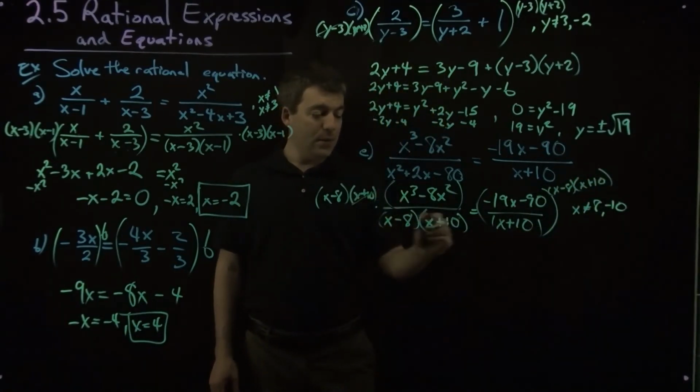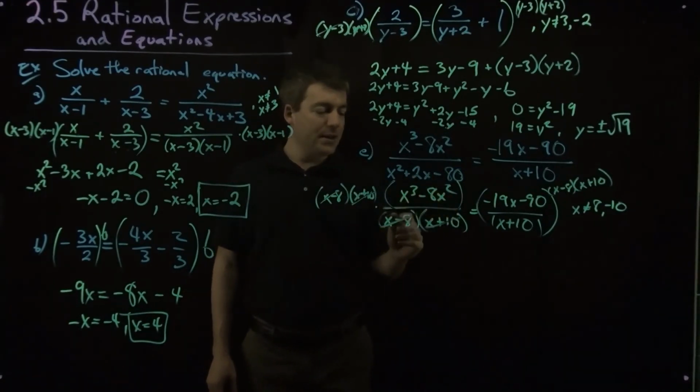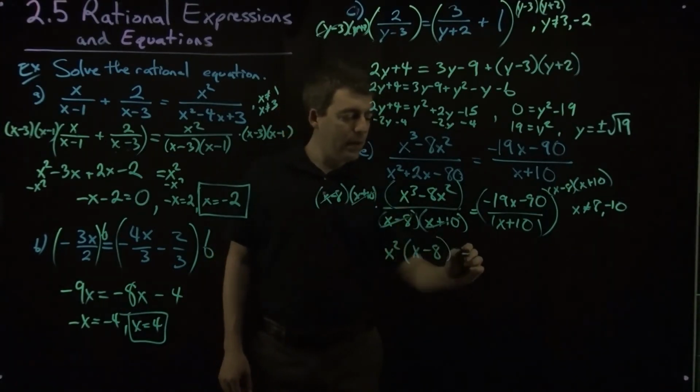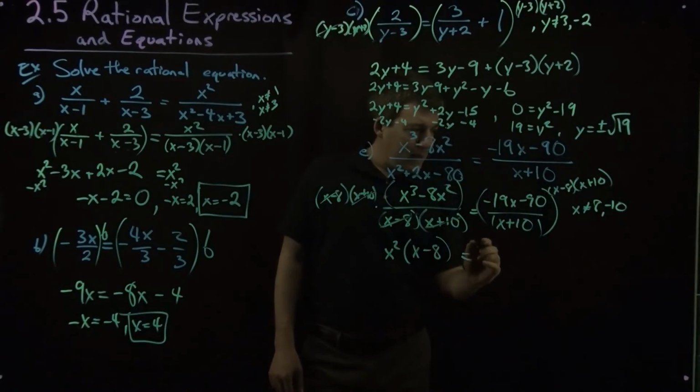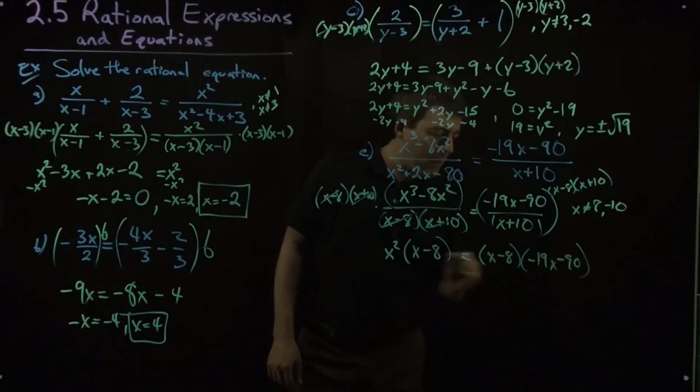All right, so this just cancels everything over here. We're left with x cubed minus 8x squared. Let's go ahead and factor out the x squared. Over here, we're left with, let's see, 8x minus 8 times negative 19x minus 90.